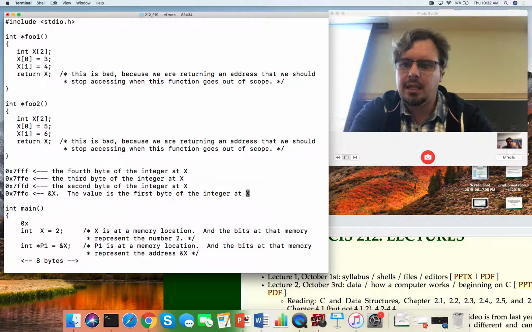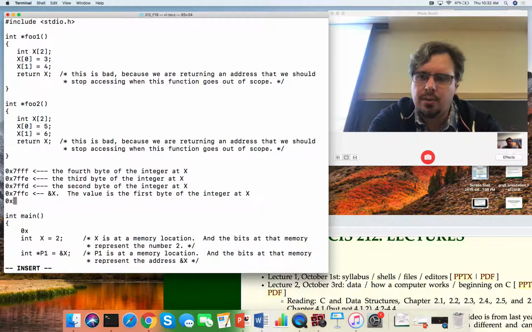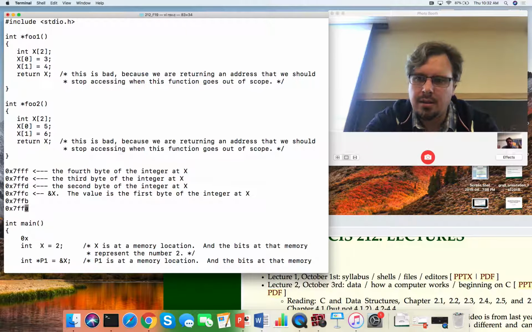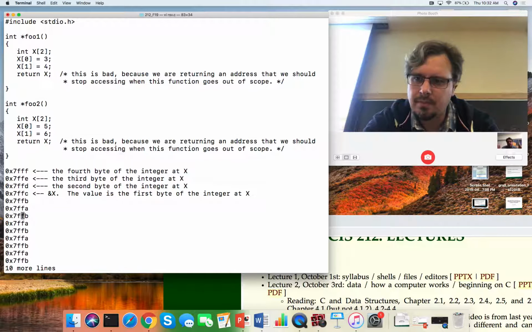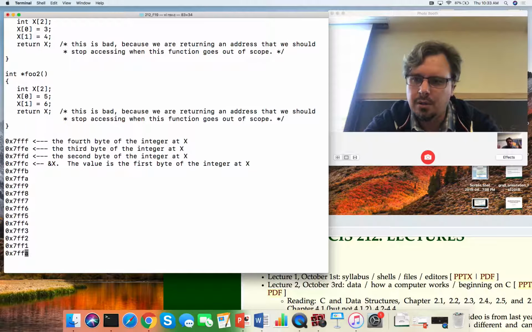And then, if we keep going down, 0x77 FFB, A, 5, 4, 3, 2, 1, 0.